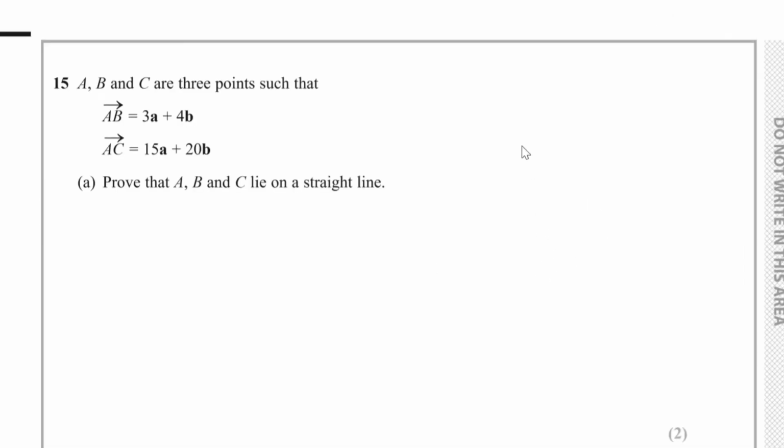Question number 15. A, B and C are 3 points such that AB equals 3a plus 4b and AC equals 15a plus 20b, and we have to prove that A, B and C lie on a straight line. Well, what we see here is that the vector AC is 5 times the vector AB. 3 times 5 is 15, 4 times 5 is 20.